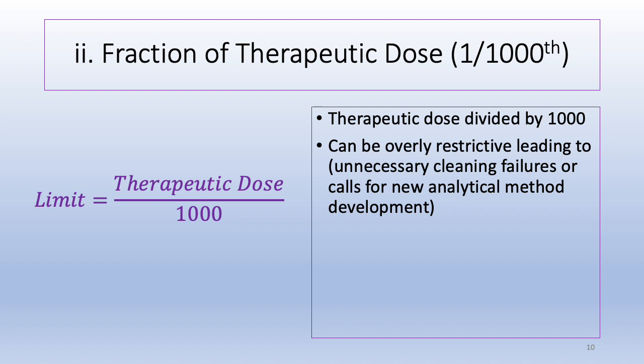But in some cases, because you're using this across the board, it could be quite overly restrictive. It didn't matter whether you were talking about a very potent drug or a drug which was not potent, or a highly toxic drug or one which was not as toxic.